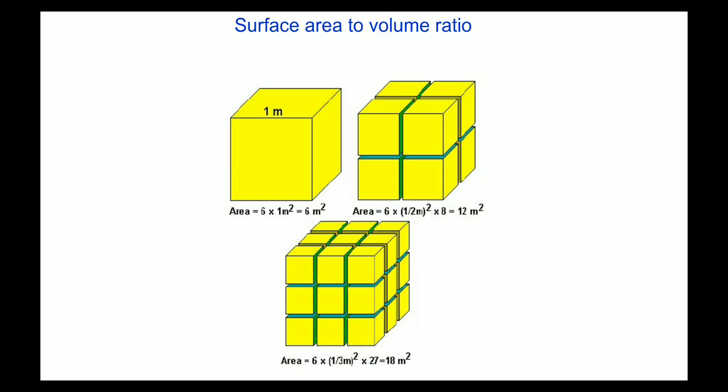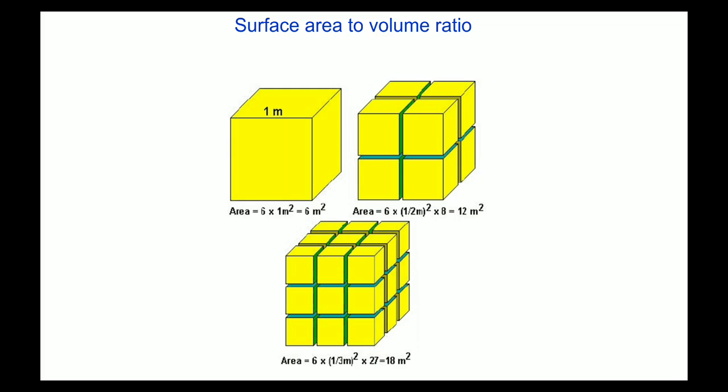So basically we are reducing the size of the cube by keeping the volume constant. Because we are talking about the ratio, we kept the volume constant and we are just reducing the size of the cube. We observe that the surface area has increased from 6 meter square to 18 meter square.